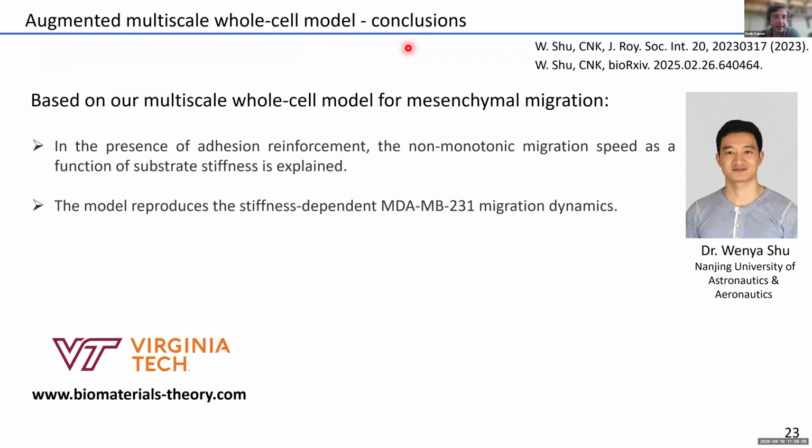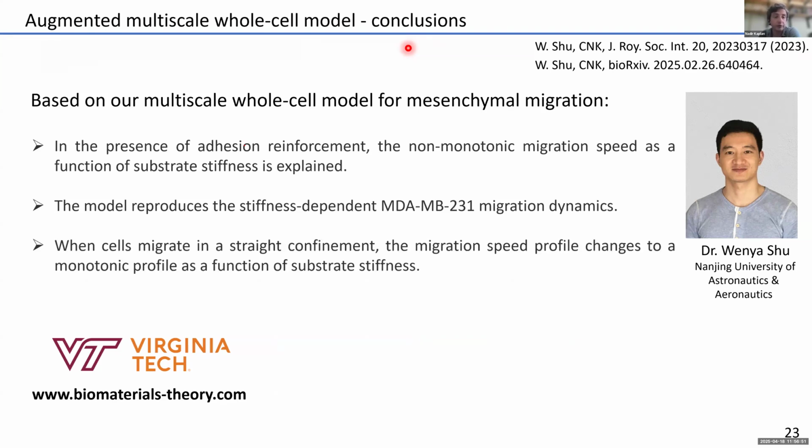So with that, we can understand, in the presence of adhesion reinforcement, how non-monotonic migration speed as a function of substrate stiffness is explained. We can explain the typical MDA MB231 migration dynamics and how it switches between adhesion reinforced and non-adhesion reinforced behaviors.